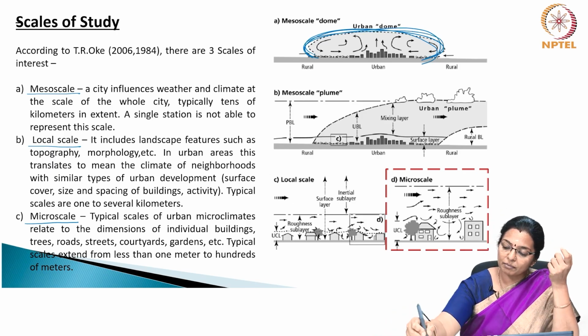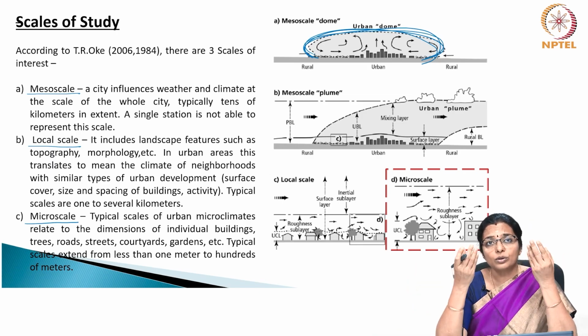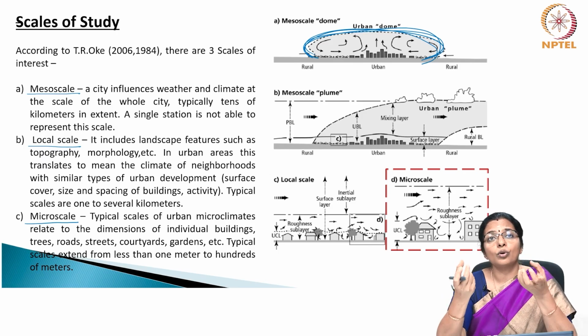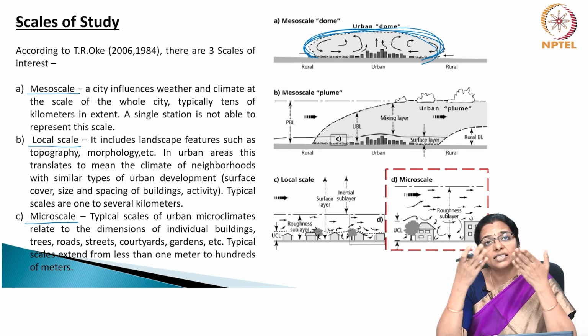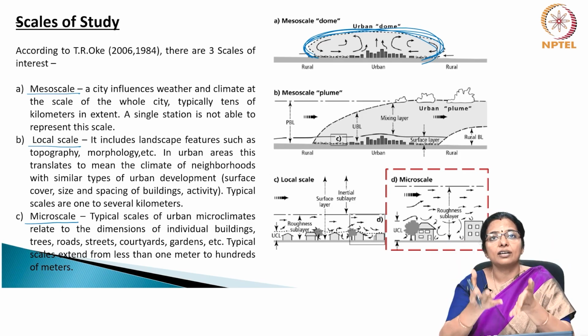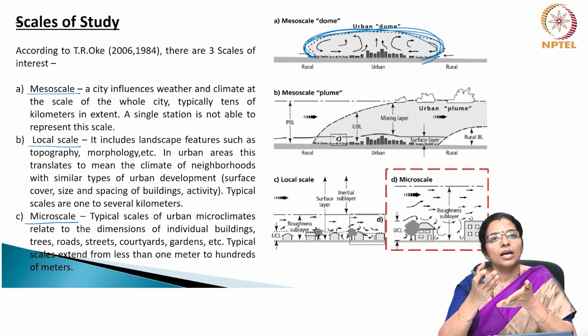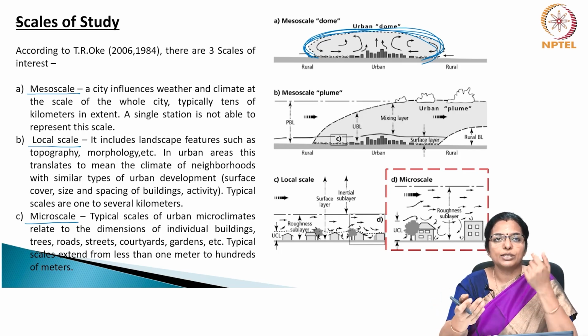Only this part becomes so hot, and the ability of the air to hold water decreases as it becomes hotter and hotter, and torrential rain exclusively on urban areas is becoming common these days. One reason for that is attributed to UHI. So it becomes important for us to study at a mesoscale.